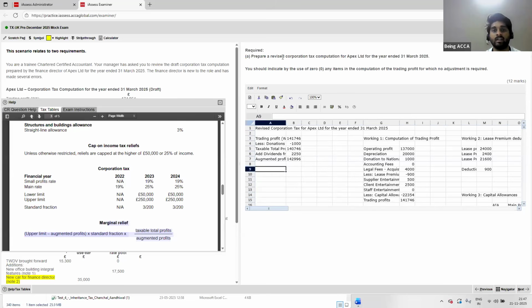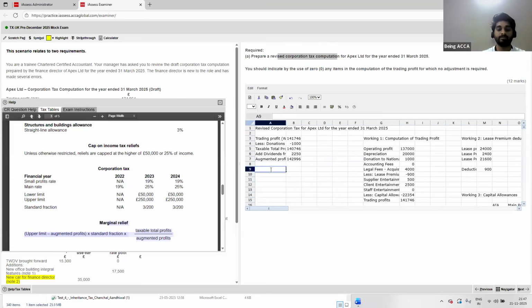Now, what did they ask us for? They asked us to calculate a revised corporation tax computation. Always, when the profits lie between the lower limit and the upper limit, the corporation tax is charged on the taxable total profits at the upper limit rate, and from that we deduct the marginal tax relief that is available.